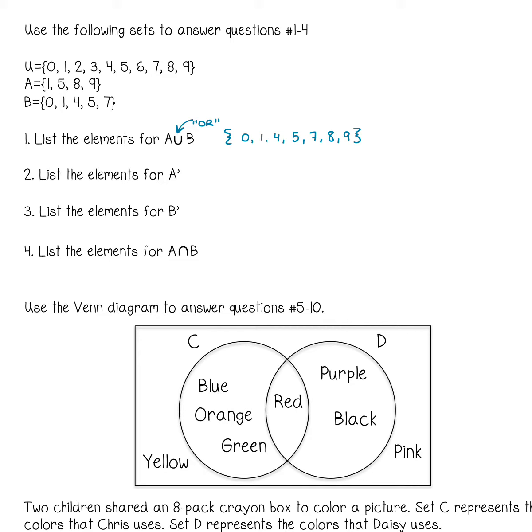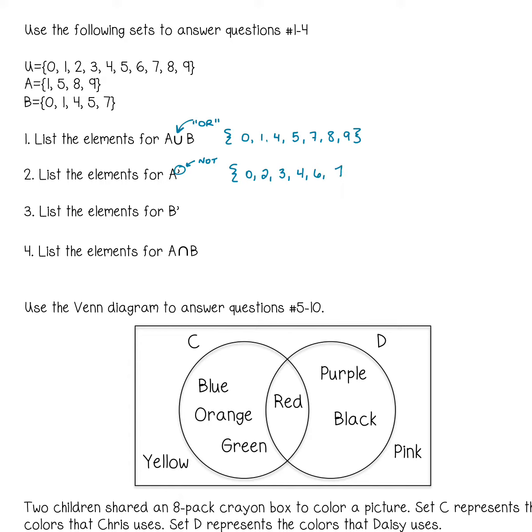Okay. A's complement. Remember, that means "not". So we want whoever's not in A. So that's going to be whoever's in the universal set or in set B that is not part of A. When we look, 0 is not in A. 2 is only in our universal set. 3 is only in our universal set. 4 is in both universal and B. 6 is in universal and B. Or nope, just universal.